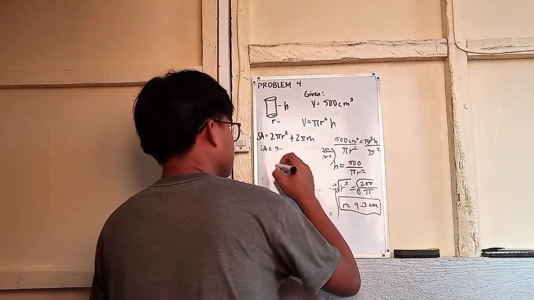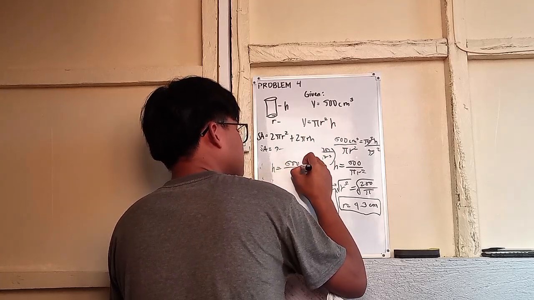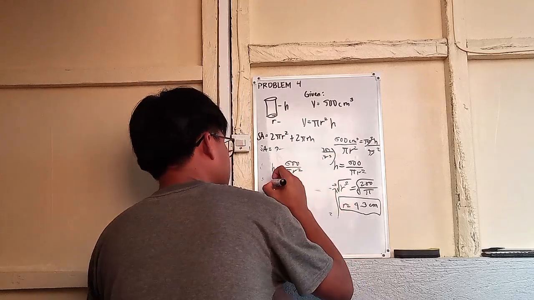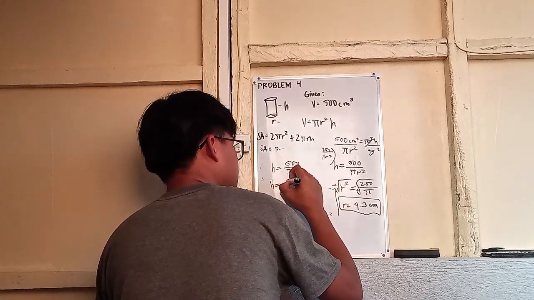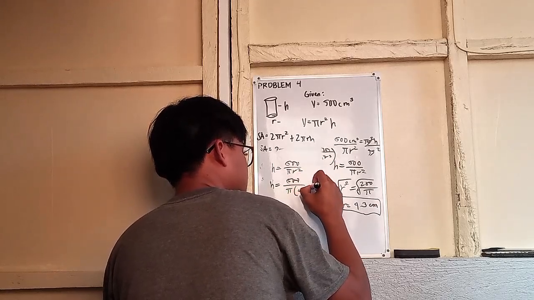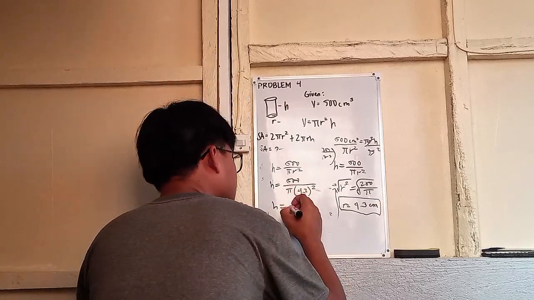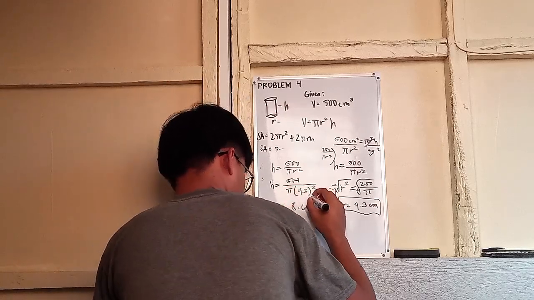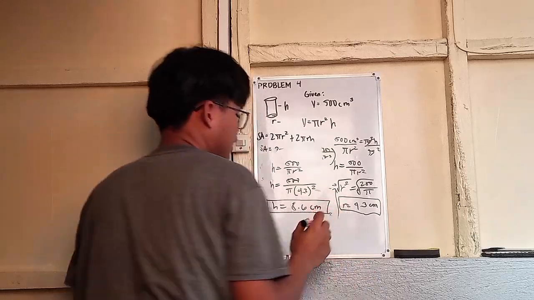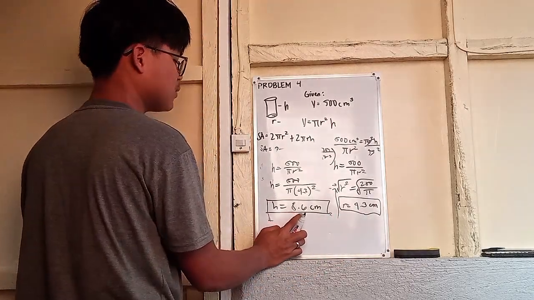So h, or height, is equal to 500 over pi r squared. Then we will substitute the r: 500 divided by pi times 4.3 squared, and we will get the value of 8.6 centimeter. So this is our final answer. We have the radius of 4.3 centimeter and the height of 8.6 centimeter.